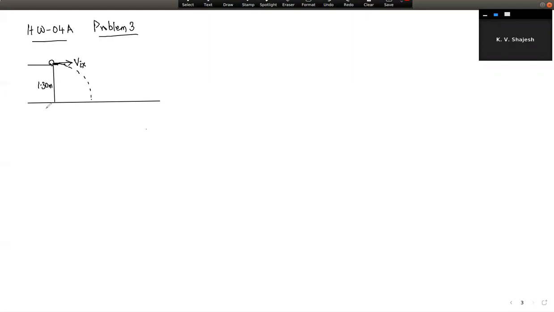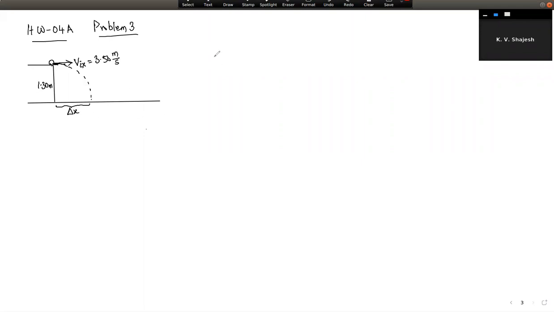And the mass slides off the table with a horizontal speed of 3.50 meters per second. And how far from the base of the table does the mass strike the floor? So we have to calculate this delta x, right? So that's this distance here. It's very similar to the package dropped by an aeroplane that we worked out in class in the morning today.